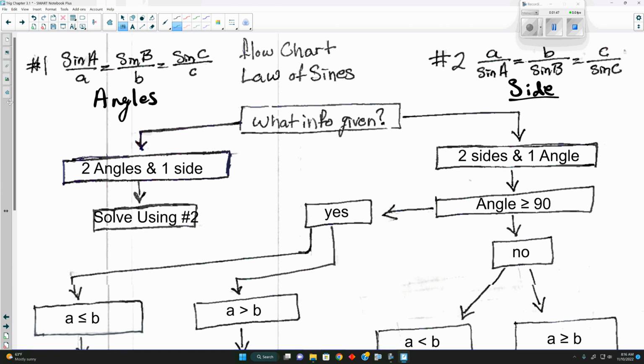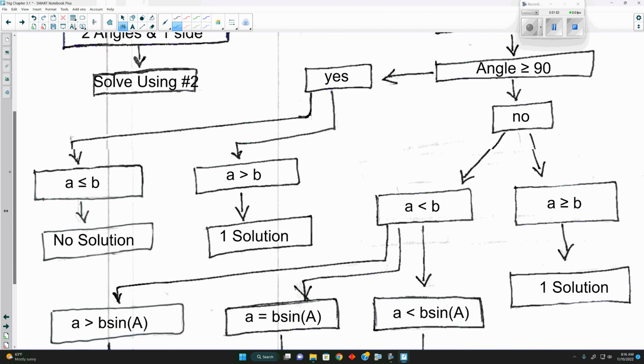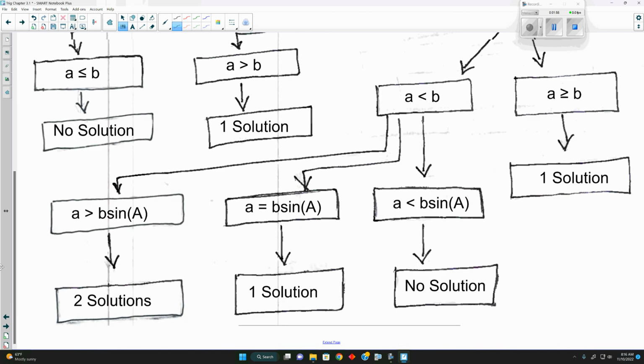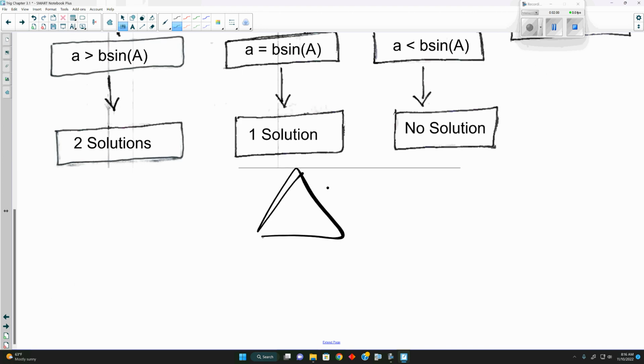Now also I will say all the values of A and B that are used throughout this, we're really talking about a triangle with side A, side B, side C. So it can work in either form, because most of what we're looking at here is angle A, side A, and side B. We could also have done this with angle A, side C, and side A. We could have done it either way.